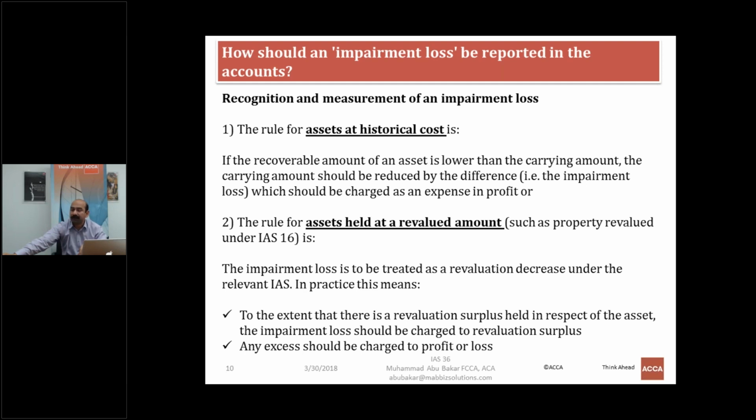But if the asset is held at a revalued amount, then the impairment loss is to be treated as a revaluation decrease under the relevant IAS. This means that to the extent that there is a revaluation surplus held in respect of the asset, the impairment loss should be charged to revaluation surplus. Any excess should be charged to profit or loss.